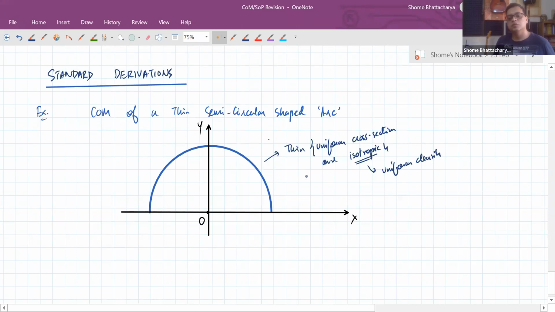Okay, semicircular arc with the center of curvature being the origin. Okay, and radius r. So we have to find the location of the center of mass.